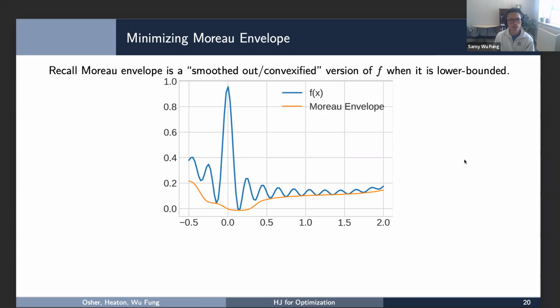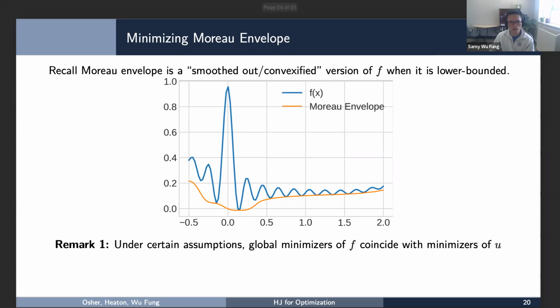We now have a tractable approximation of the Moreau envelope and its gradient, which means we can do gradient descent on the Moreau envelope for large enough t using our formula for the proximal. And that's essentially what we do here. Under certain assumptions, the global minimizers of f coincide with local minimizers of u.